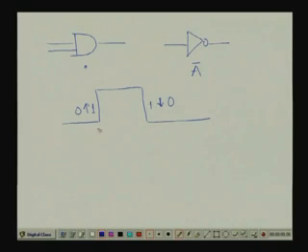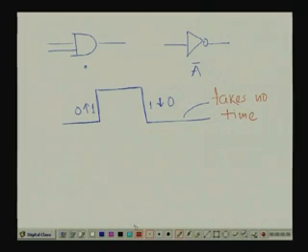This is the ideal situation, as if this 0 to 1 or 1 to 0 takes almost no time. So, I can tell that it takes no time for this switching.